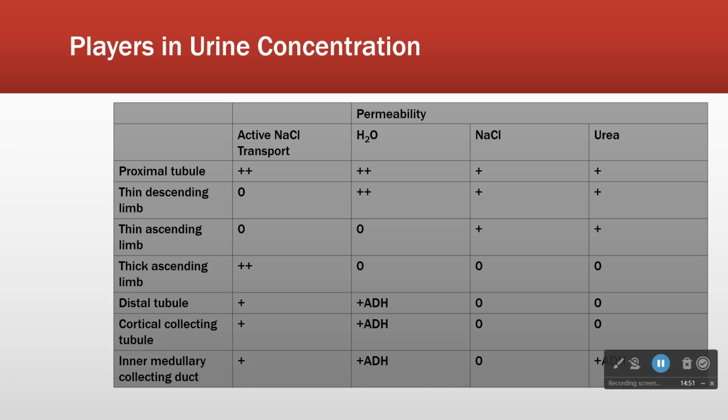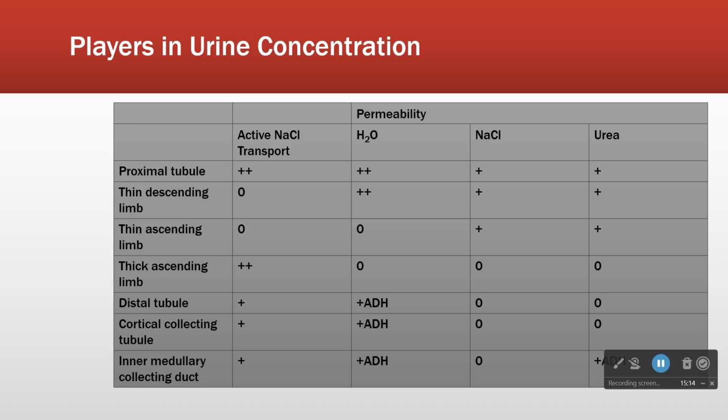In the thin descending limb, lots of water permeability, no active transport. In the thin ascending limb, there's our weird spot, no water permeability. Thick ascending limb, lots of sodium transport, no water permeability.